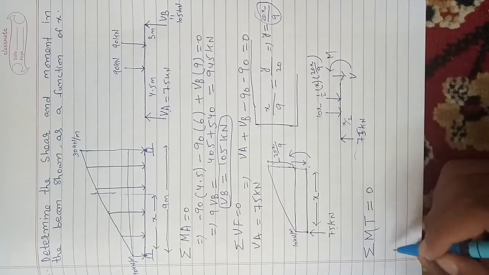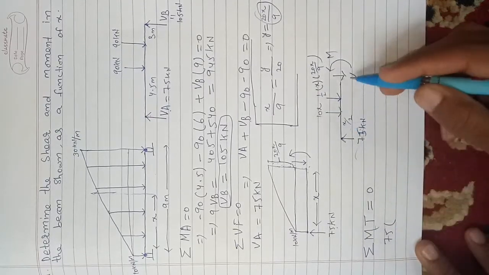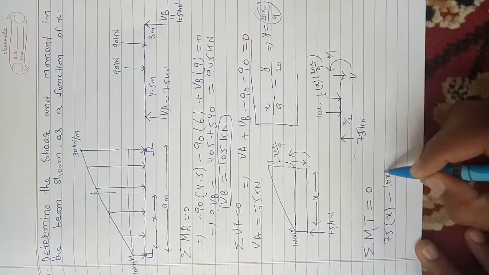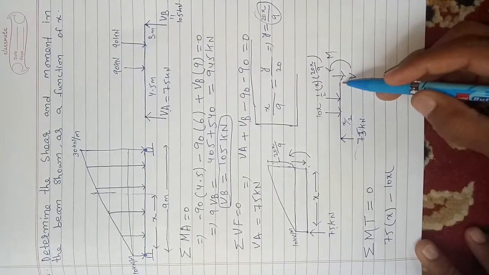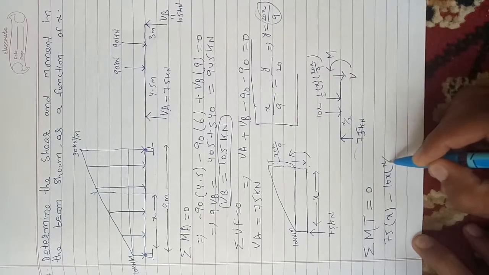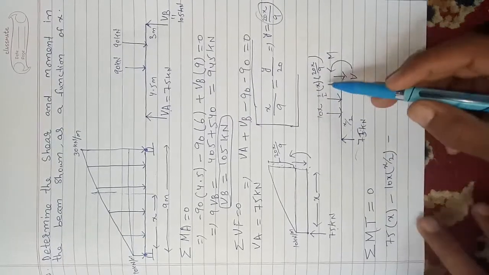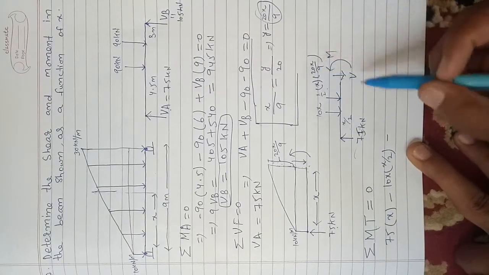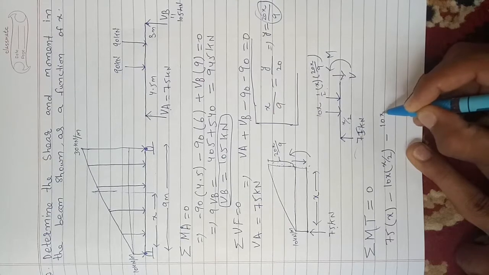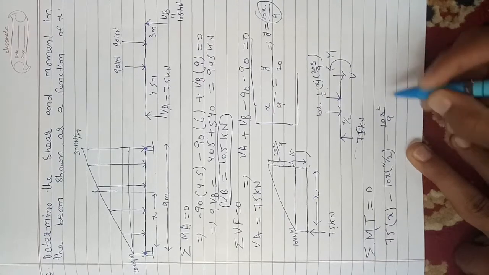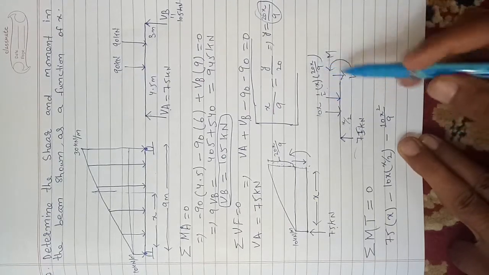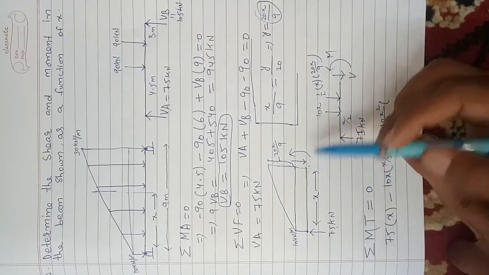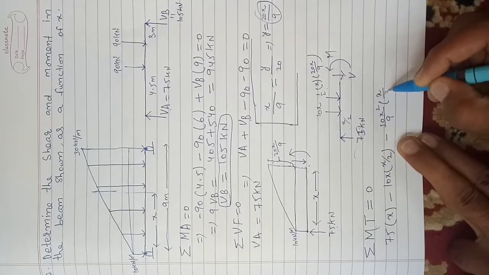So I can write 75 into distance x, minus 10x into this distance x by 2, minus this force, 10x square by 9, and the distance is x by 3 from the point T.